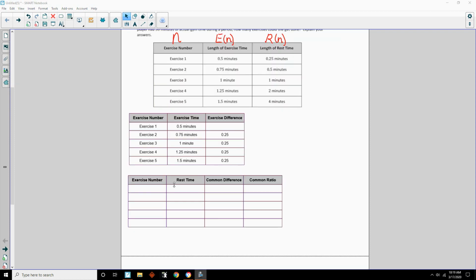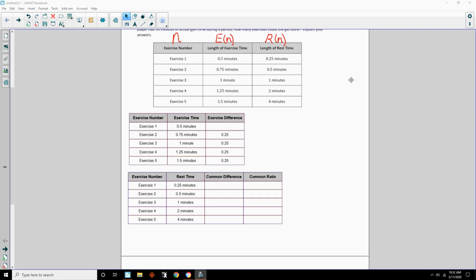Okay, so I made another table, and this time we're going to focus on the rest time. Last time we did exercise time. The exercise increased by 0.25 minutes or 15 seconds every time. Now we're going to do exercise number, rest time, common difference, and see if there's a common ratio. Okay, so now I've created this table. Exercise number, rest time is already entered, which is from here.